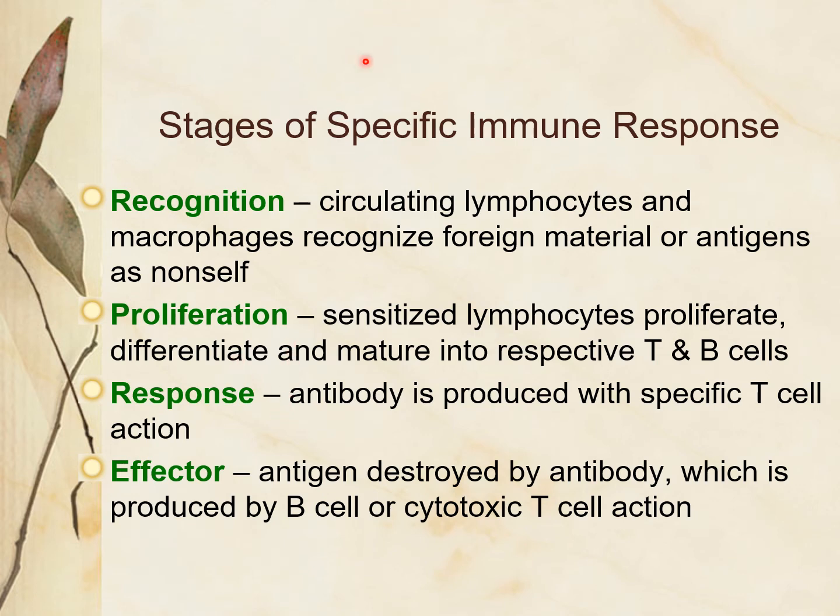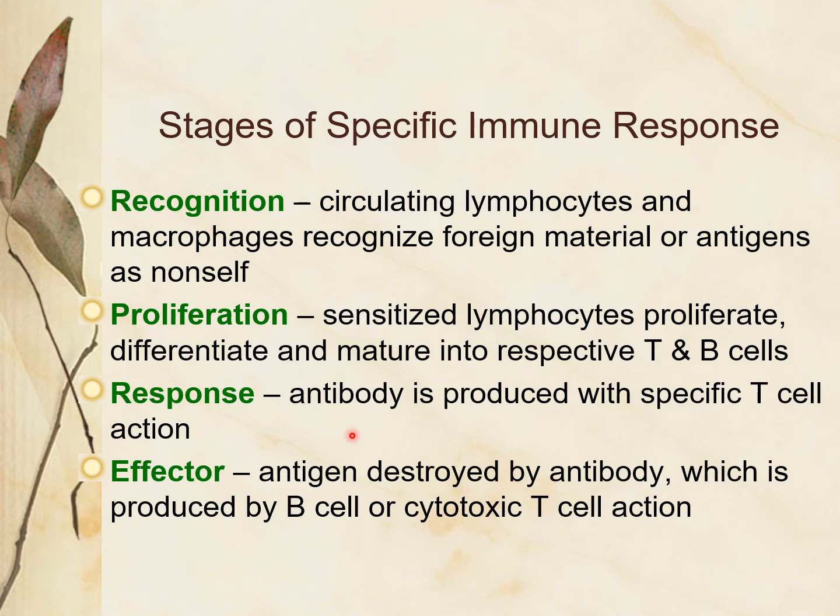During proliferation, sensitized lymphocytes proliferate, differentiate, and mature into respective T and B cells. During the response stage, the differentiated lymphocytes function in either a humoral or cellular capacity.